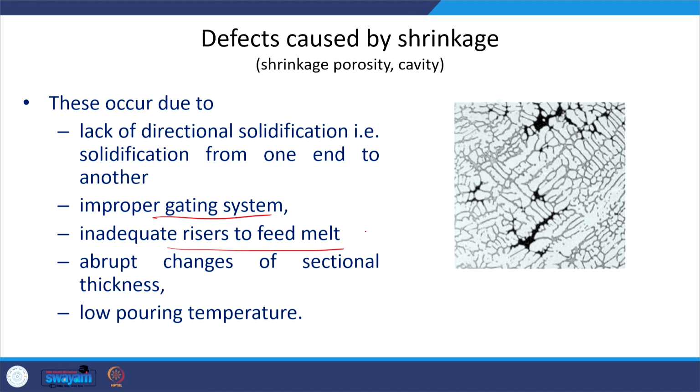A riser, which is there to feed or compensate the shrinkage, is not able to supply the desired amount of molten metal, or the temperature of the molten metal is very low, leading to increased viscosity and surface tension. So, the fluidity is reduced, and therefore the molten metal is not able to flow through the channels, or an abrupt change in section of the casting is taking place, leading to the blockage of the molten metal.